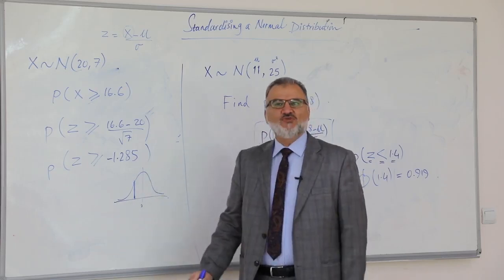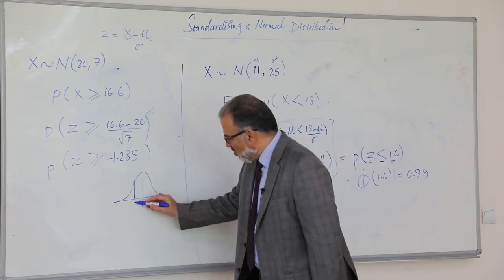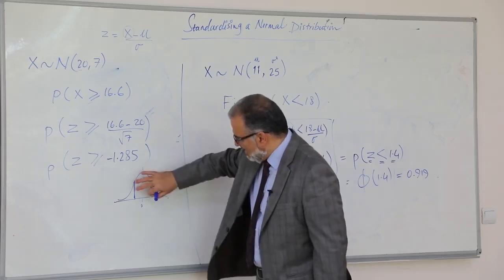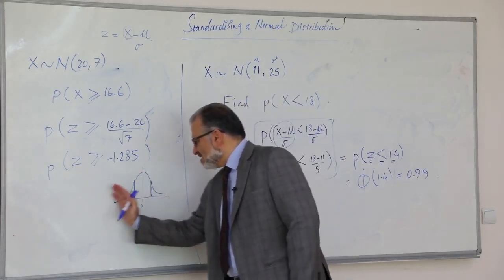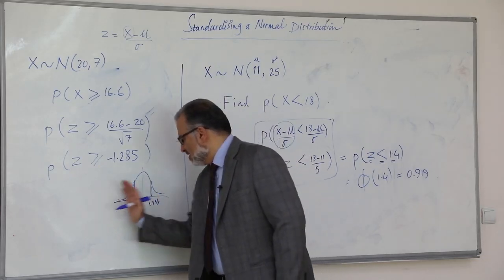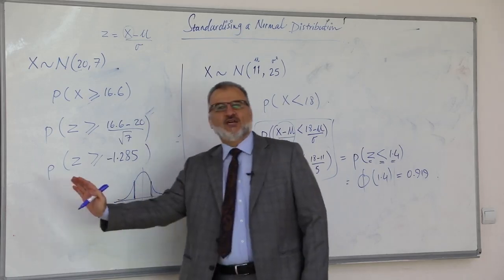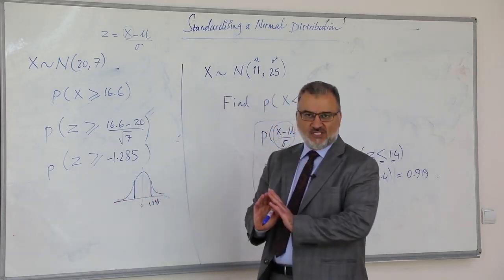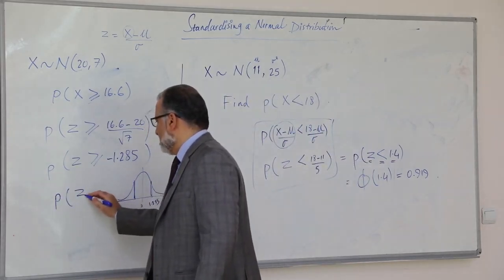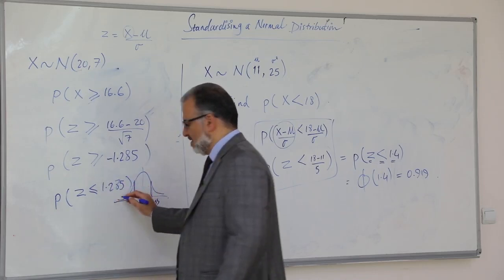This is equivalent to what? Go to the positive value, which is here, and that area, as we said, is equivalent to that area. Here, 1.285 or less. So they are equivalent, okay? So this one is equal to Z less than or equal to 1.285.